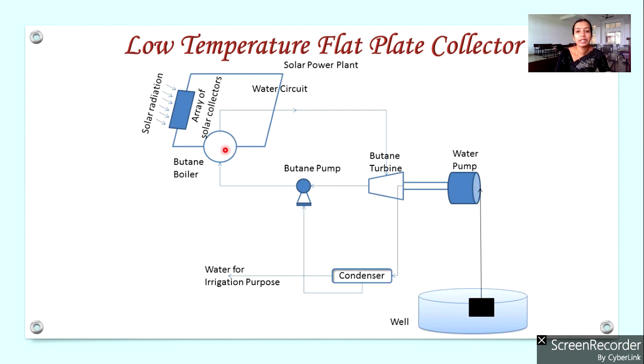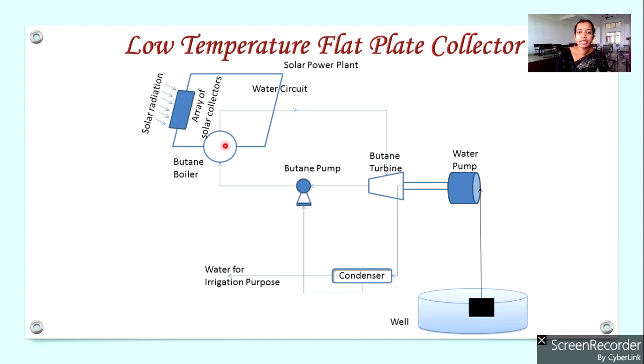Here butane is used as the organic working fluid. So when water exchanges its heat with butane, butane is converted to vapor and water loses its temperature, becomes cold, and it is then again fed to the tubes.